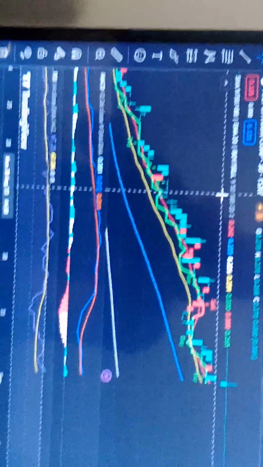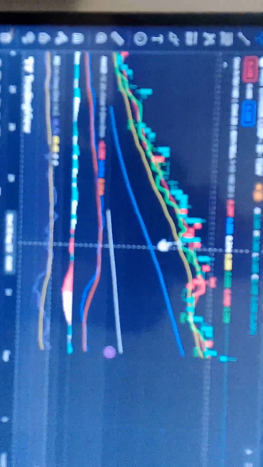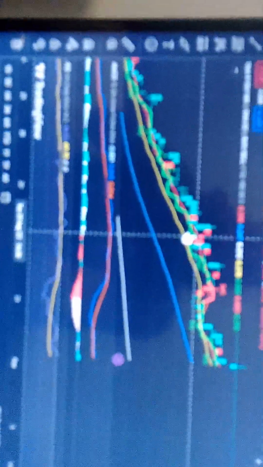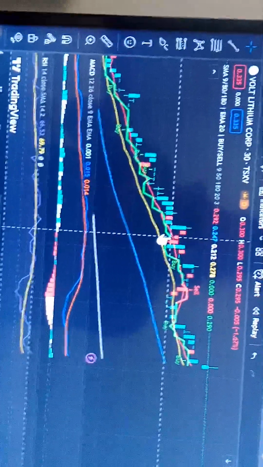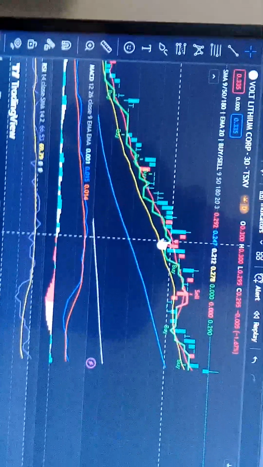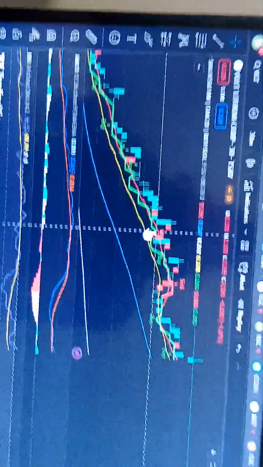And so the MACD is this one, the relative strength index is this one, and then the SMA is on your main stock chart. So what the 9, 50, and 180 means is those are your trend lines. So the red line is your 9-day trend line, so basically the average movement within the last 9 days of the stock.